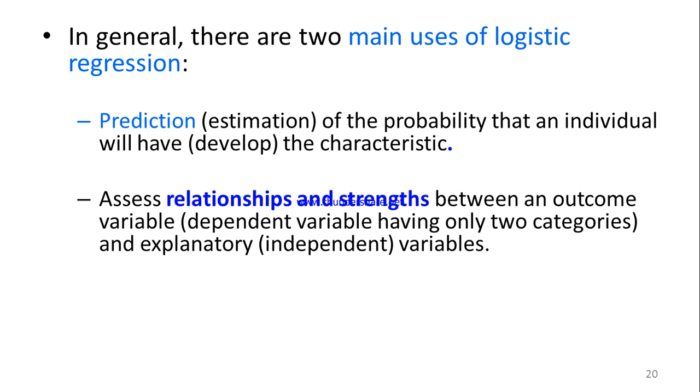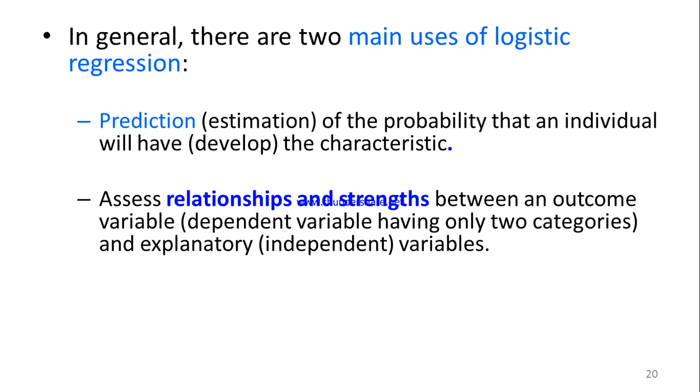The same logic works in logistic regression, where we assess the outcome of our interest as the event has occurred or the event did not occur. Success and failure, the same logic works. Therefore, we predict the probability of success, the occurrence of the category that we designate as a success in the population of our interest. That's one main use of logistic regression, prediction of a categorical event.